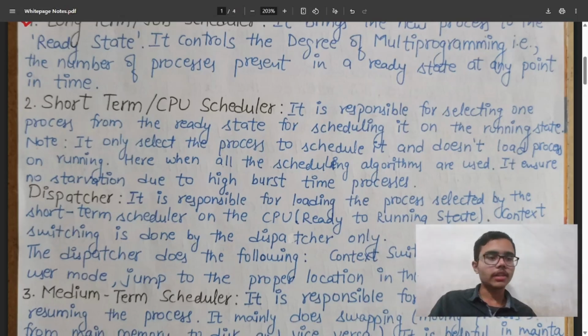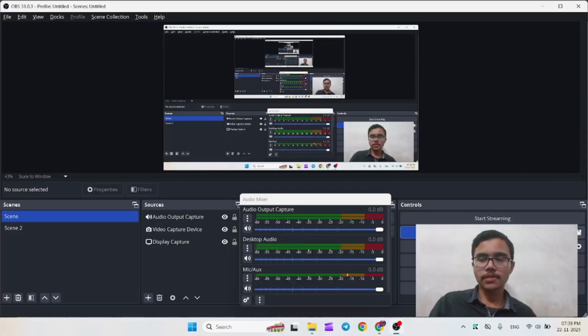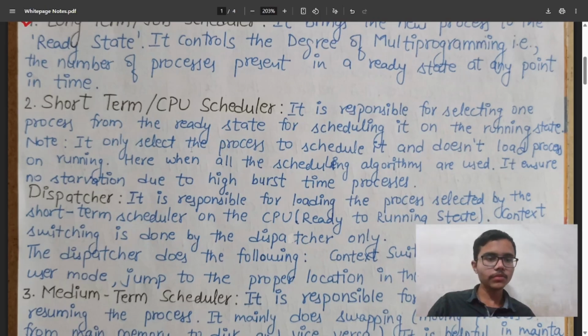So it is responsible for selecting one process from the ready state to schedule it in the running state. What we have to note here is that it only selects the process to schedule it and does not load the process on running.